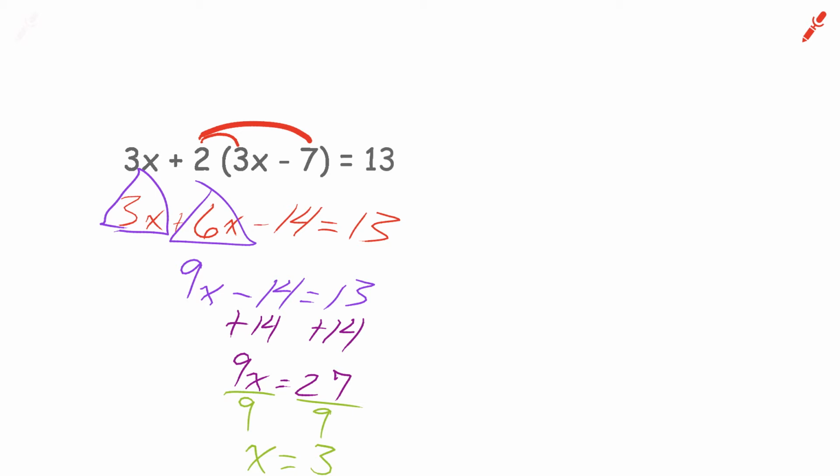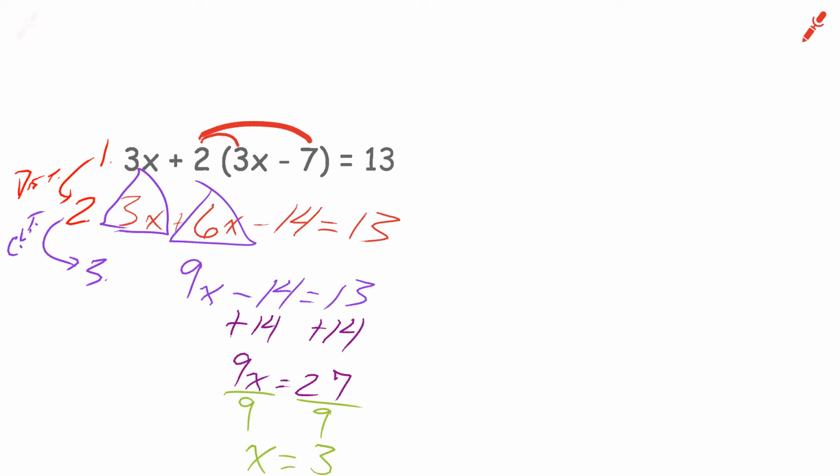So from step 1 up here, which is our given, to step 2 right here, all I did was I distributed this 2. So from here to here, I distributed. Then from 2 to 3, I combine like terms, and we abbreviate that in our class anyways as CLT.